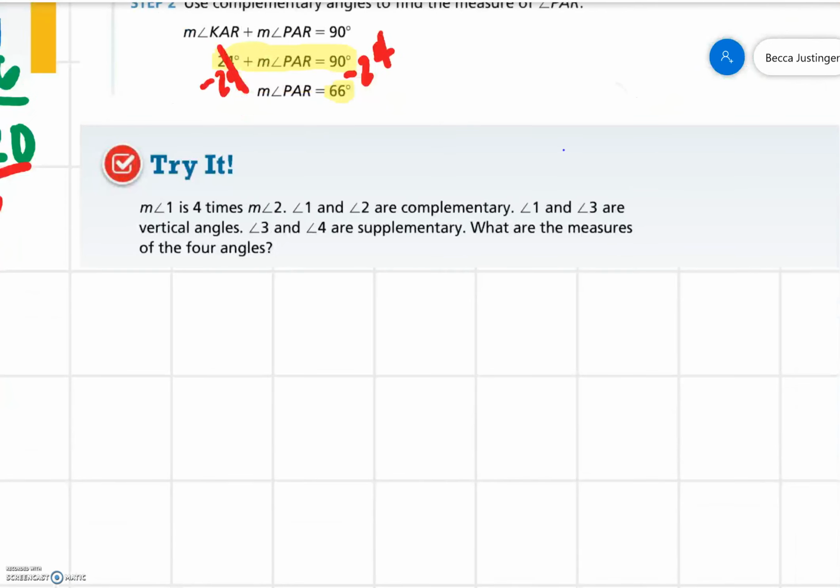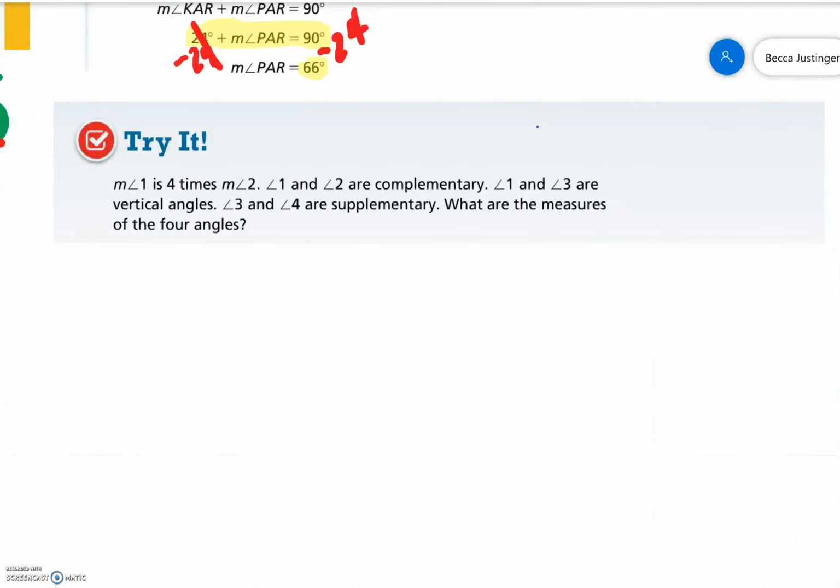Try it. Measure of angle 1 is 4 times the measure of angle 2. So if measure of angle 2 is x, measure of angle 1 is 4x. And they are complementary. Complementary means they equal 90 degrees. Measure of angle 1 and measure of angle 3 are vertical angles. So if measure of angle 1 is 4x, measure of angle 3 is 4x.